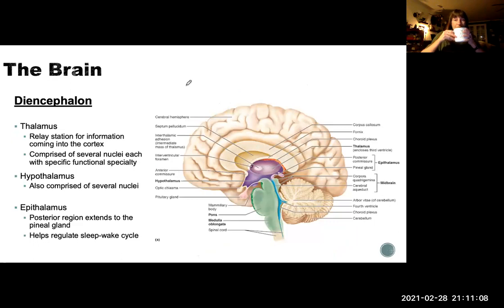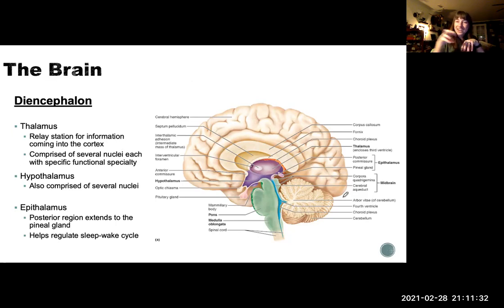Now we're done talking about the cerebrum. So let's talk about the diencephalon, right? The cerebrum all came from that telencephalon portion of the developing brain. Remember, it developed and grew up and around superiorly and laterally to that diencephalon, which didn't grow as fast.